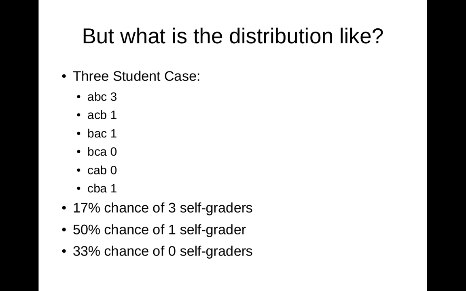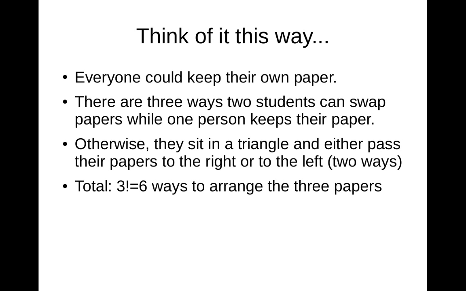Or everybody could sit in a triangle and pass their papers to the right or the left, so there's 2 more situations. And then the remaining 3 situations come from one person hanging on to their paper and the other 2 people switching. So that gives you all the 6 possibilities. And so that's 3 factorial, or 6 ways to arrange the papers.